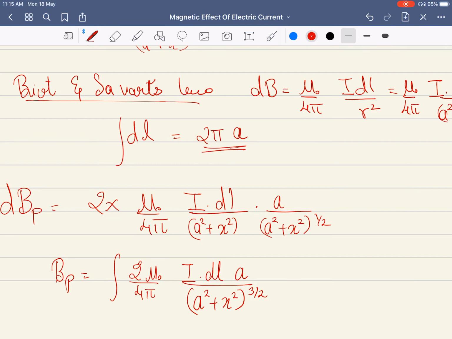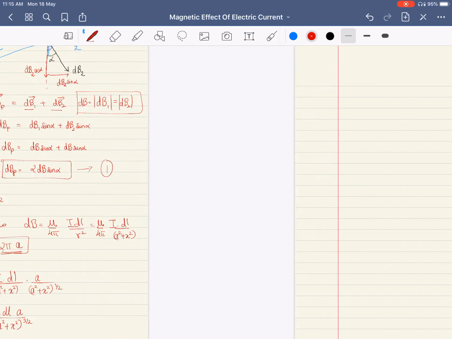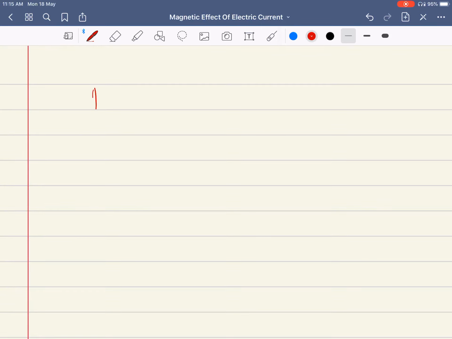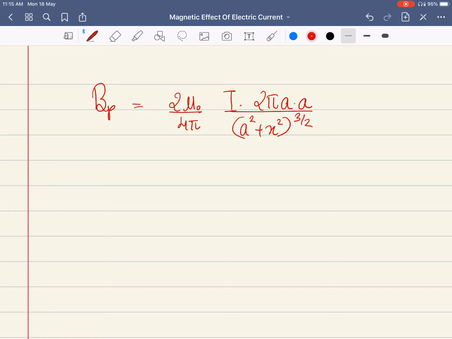Now when you do the integration of dl, what will you get? 2 pi a. We have written it here, look: integration of dl is 2 pi a, because only the elemental length is going to be incremented. Okay, so the total magnetic field at point P, which is the axial point, we write as 2 mu naught by 4 pi, I into 2 pi a into a upon a square plus x square the whole raised to 3 by 2.